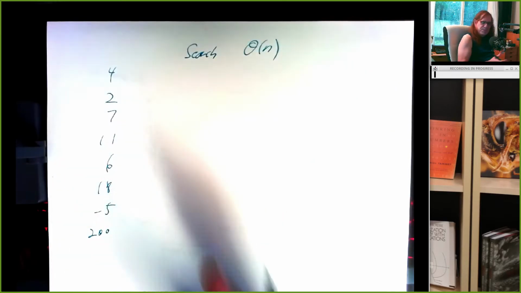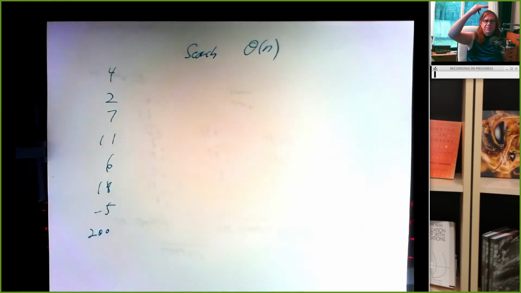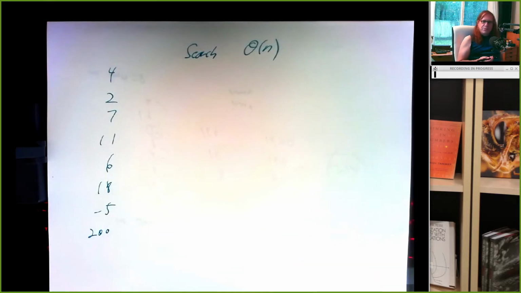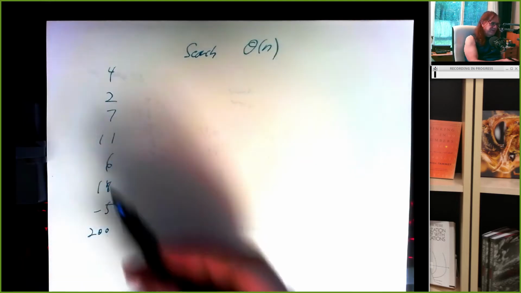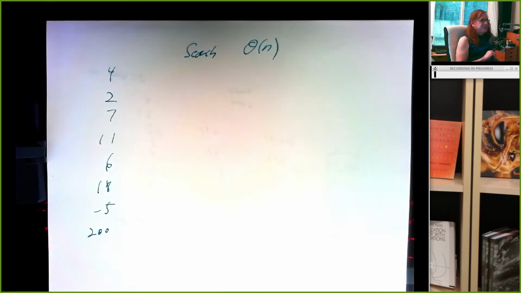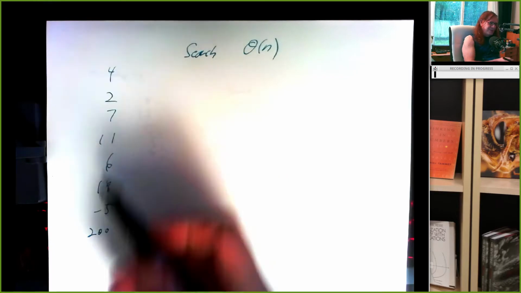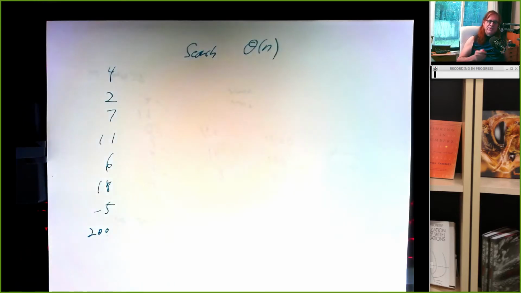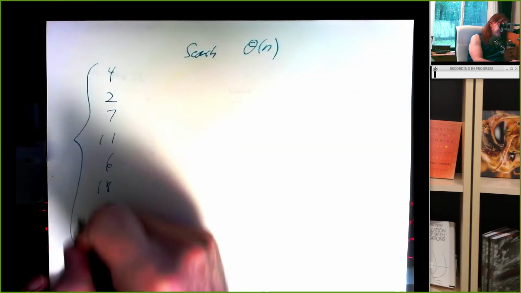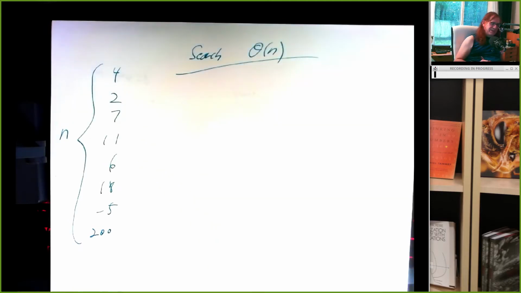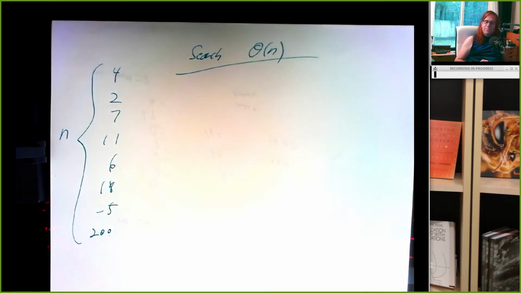If this is just a collection of things stored in memory and we want to search for the number 18, we could look around randomly. We might get lucky and find this, or we might be looking for a 4 and find it right in the beginning. But in general, we've got to basically just look at every element in the array. In particular, if the number we're looking for is not in the array, it's going to take us n operations, right? Assuming we have n pieces of data. So search on an unordered array is going to be order n.